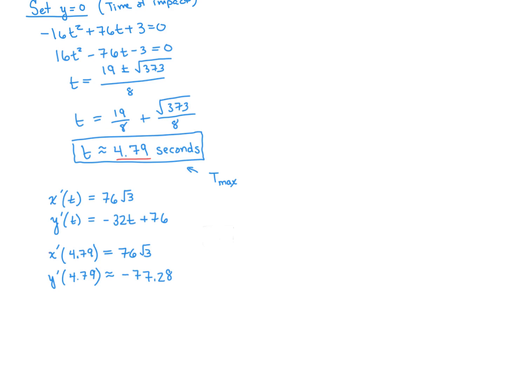And so our speed upon impact is about equal to the square root of the sum of the squares of these components.